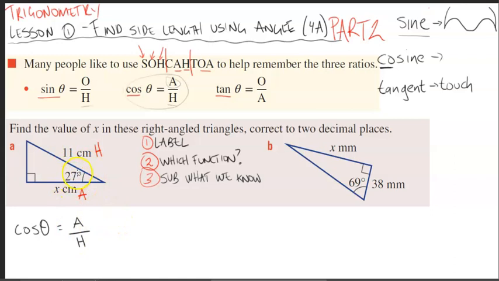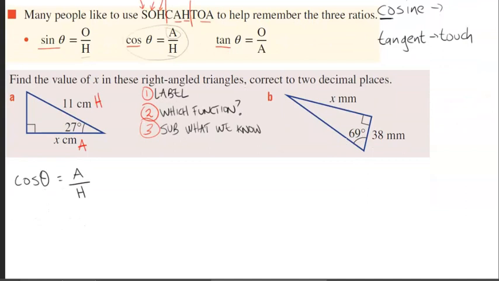Okay, we always are going to know what the angle is because we're finding a side length using an angle. It says it in the title. So no matter what we do, we are always going to put some trigonometric function, sine, cos, tan, and we're always going to put that angle that's been provided.